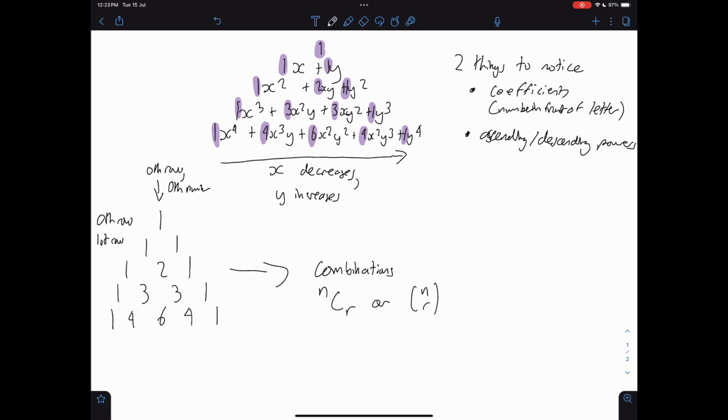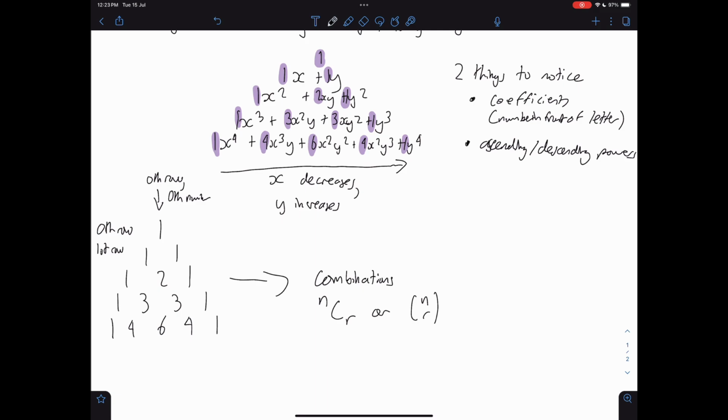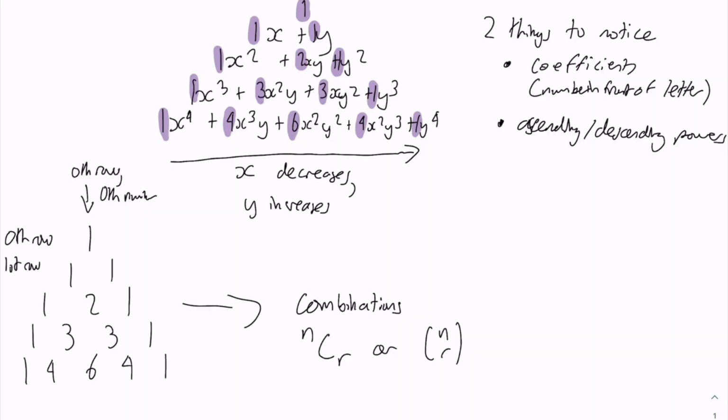So if we take the example of (x + y) to the power of 3, you've got x cubed, 3 plus 0 is 3, x squared y, 2 plus 1 is 3. Each time you're changing the number of x's you're using.